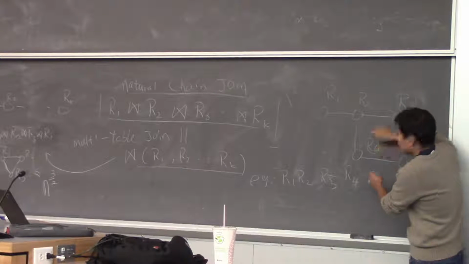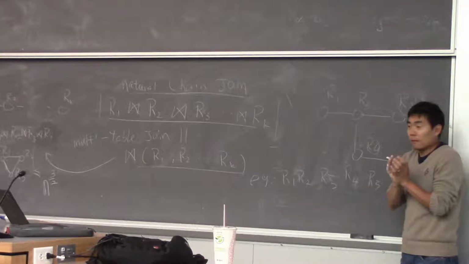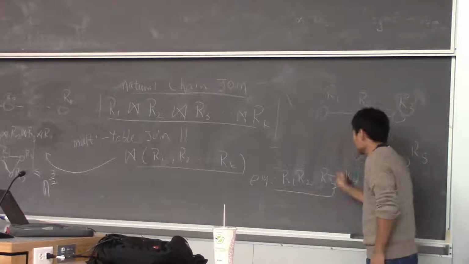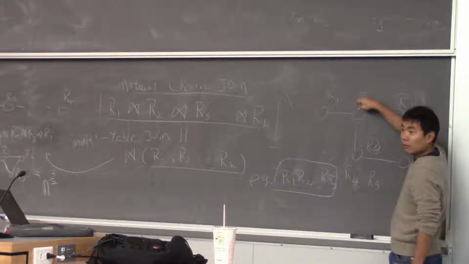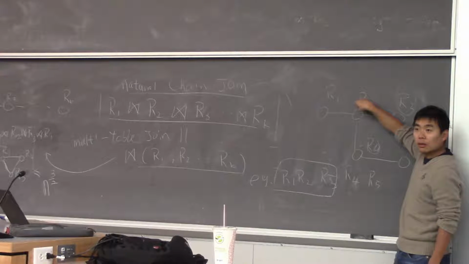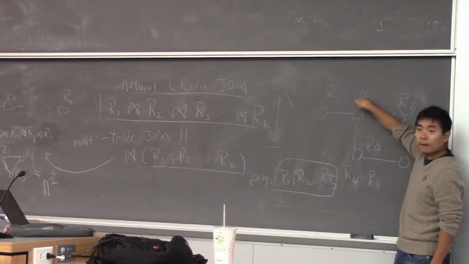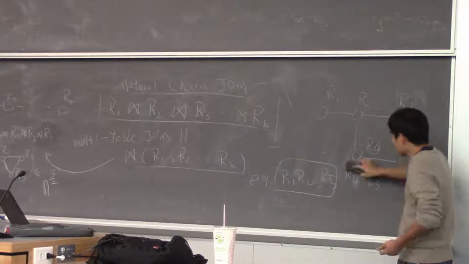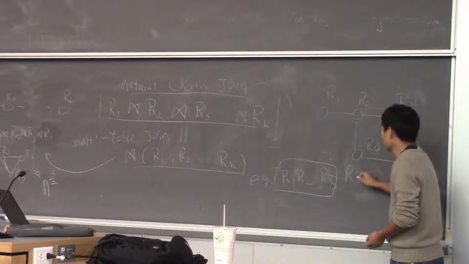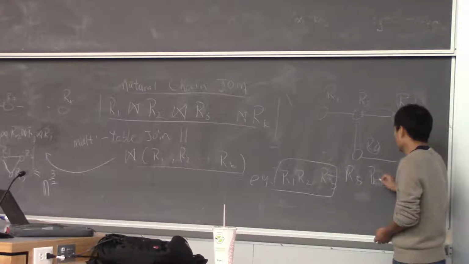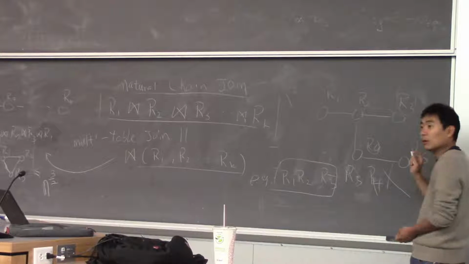R3 and R4 by themselves do not join. But by the time you finish this, it actually joins with R4 because of R2. However, this is impossible. This is impossible.